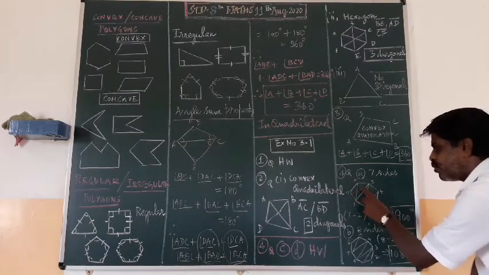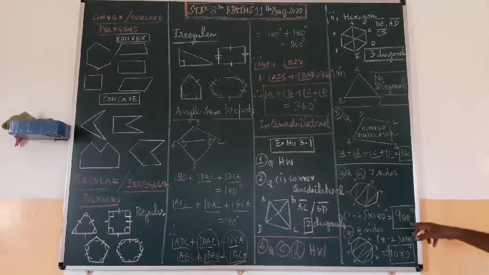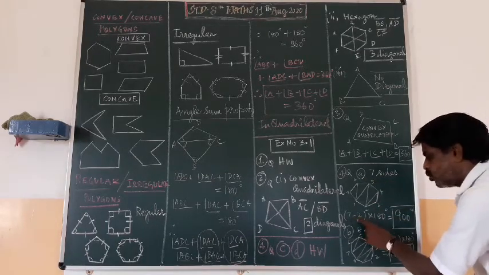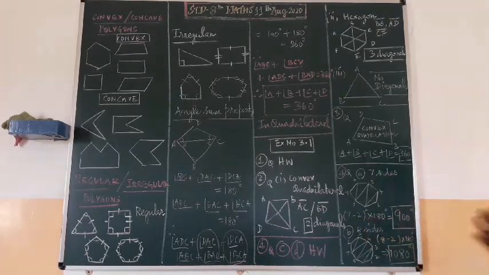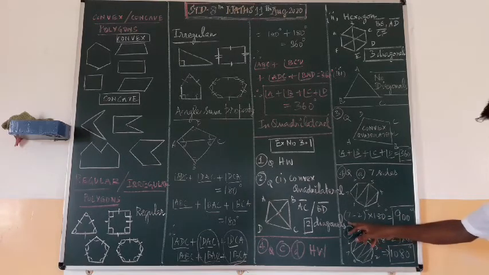Here 180, here 180, here 180, here 180, here 180. 5 into 180 is 900. So if it is 7 sides, 7 minus 2 into 180. That is the formula: n sides minus 2, into 180.